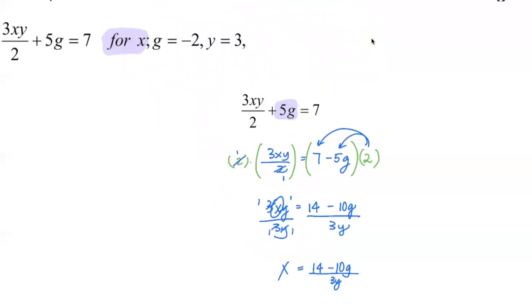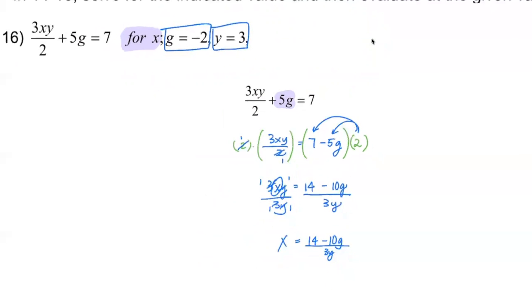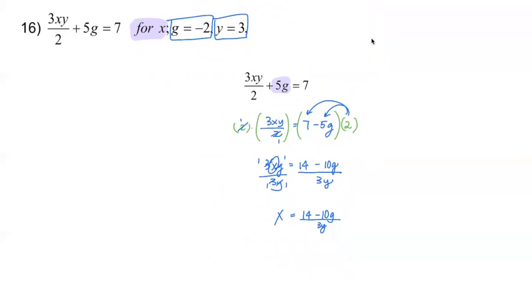What about the next part? We say, oh yeah, for the next part, we have g equals -2 and y equals 3. Could you do that? And we say, sure, let's go ahead and do some substitution. Let me change color to green. So x is equal to 14 minus 10, substitution, use parentheses, divided by 3y, and the y becomes 3.